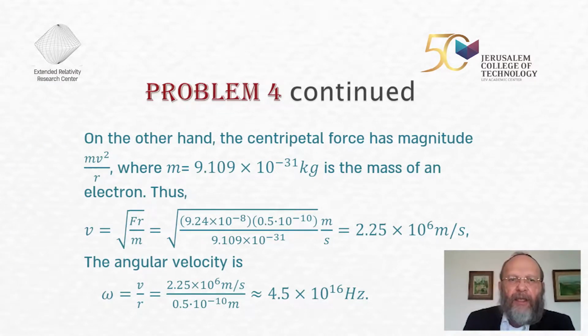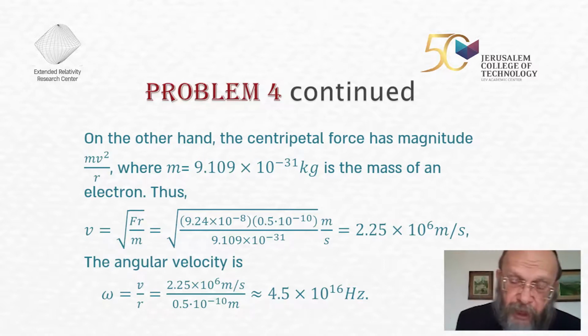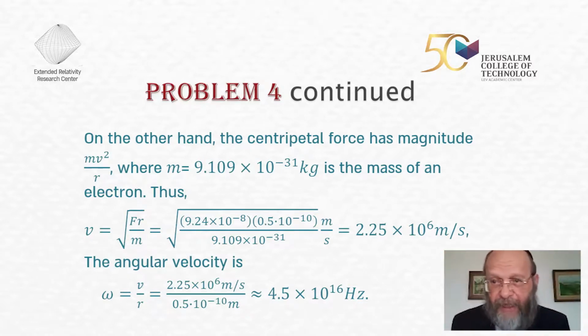Then, to find the centripetal force, it is mv squared over r. You compare it with this force, and you get the following formula for v. What is very important to see is: are we getting close to the speed of light?